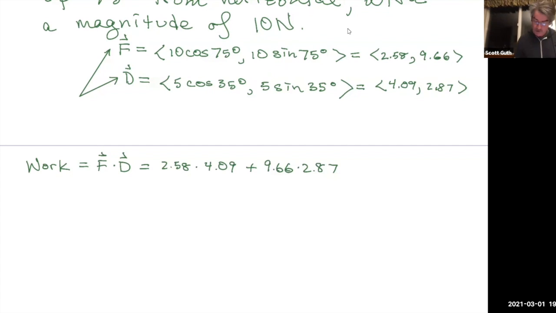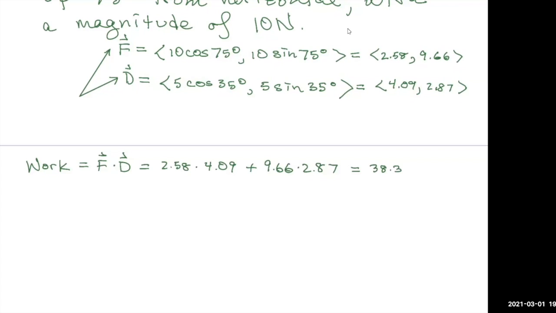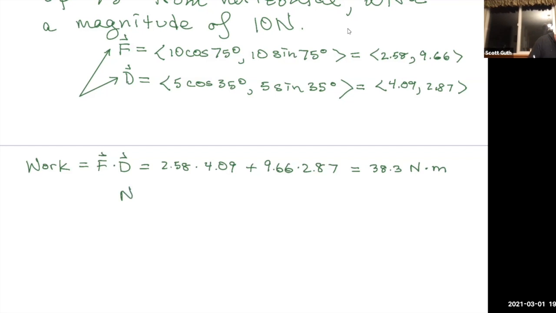Anybody get an answer for this? I got 38.3. Thank you. So this is going to be 38.3. Now the force is in newtons, and the displacement is in meters. So these are Newton meters. N is for newtons, that's force in metric.